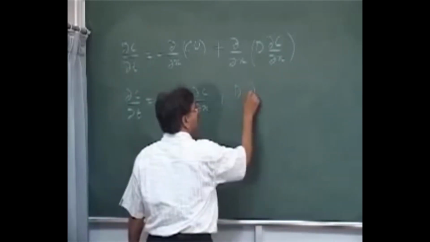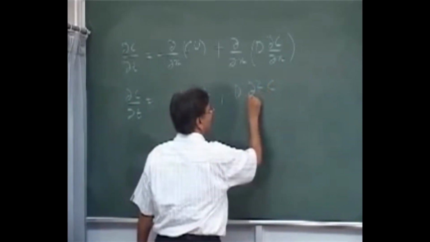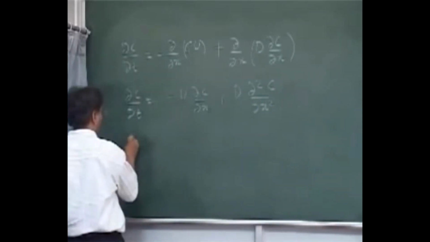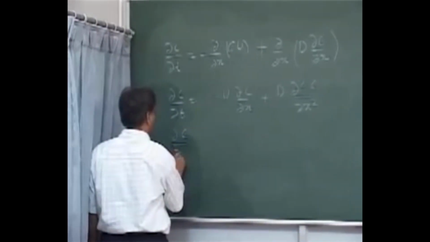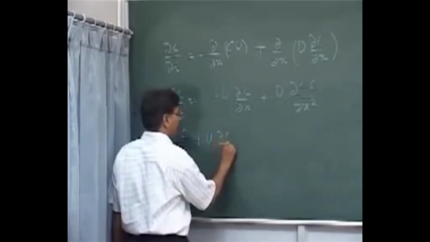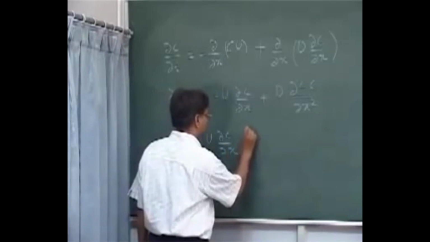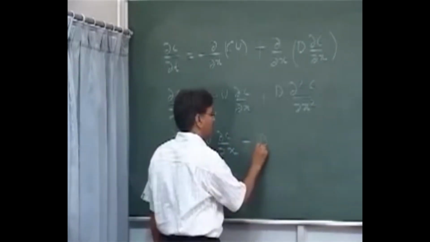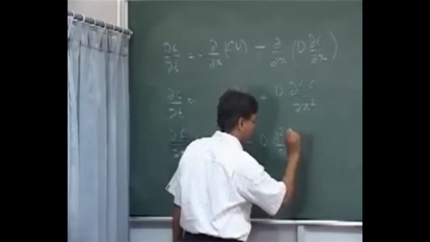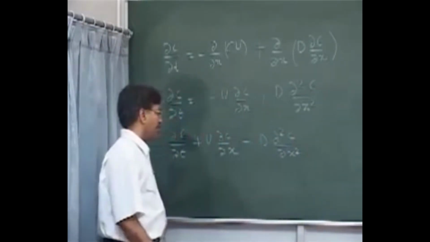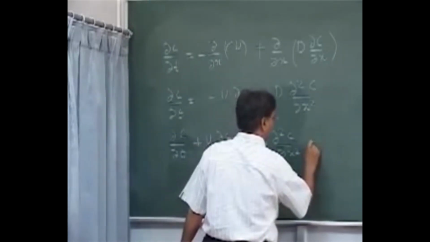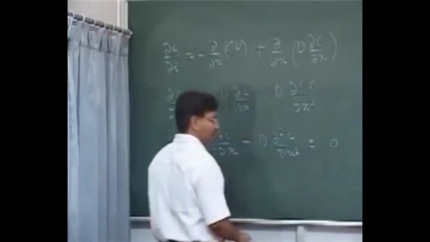So D, plus u del c by del x minus, equals 0.